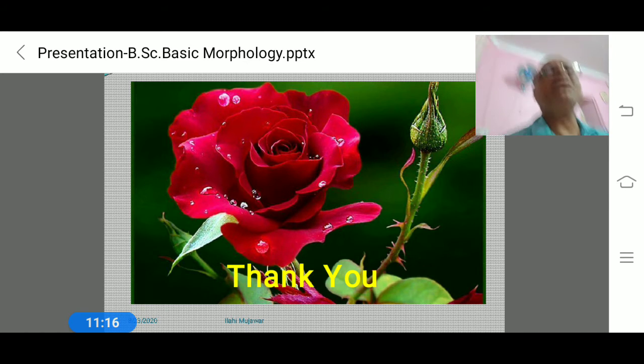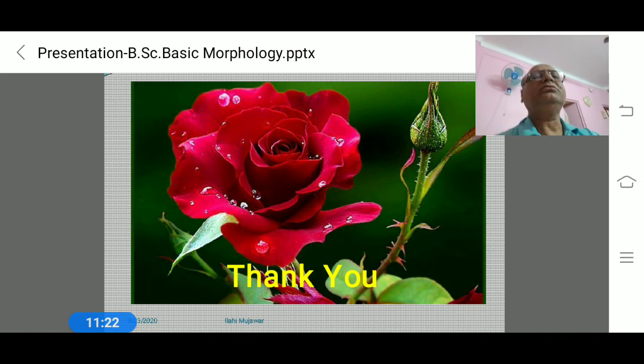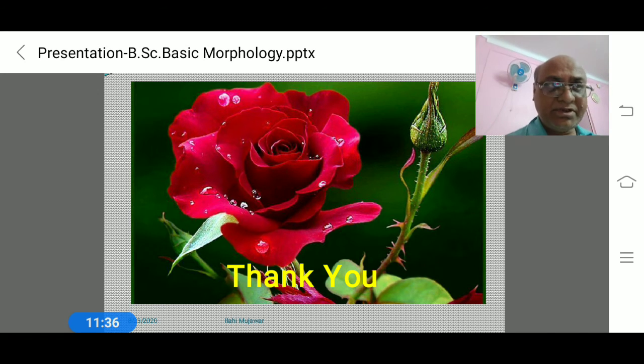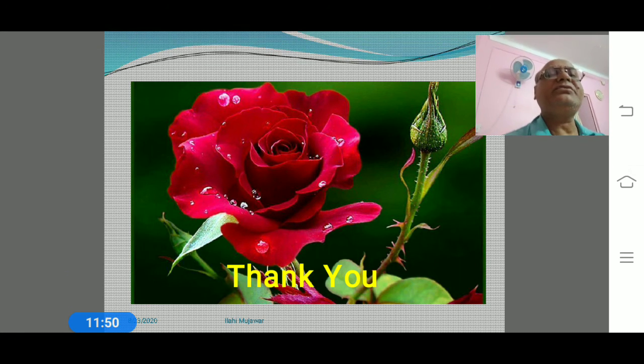We have to easily observe, easily study, and easily draw diagrams by free hand to understand what the plant's external appearance is, and how to show some characteristics, and by which peculiar characteristics we determine the identification of the plant species or group of plant species, at family level, genus level, or species level. So in this way, these are all the things in the morphology of the plant. So thank you.